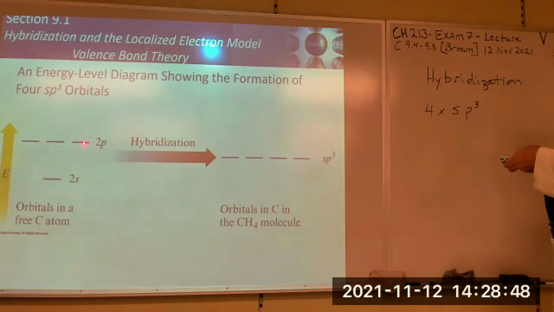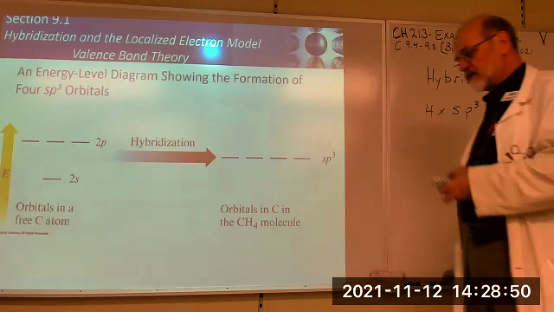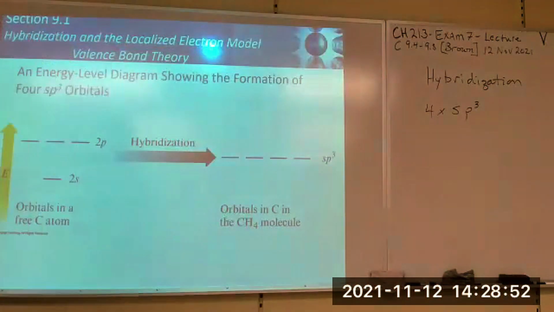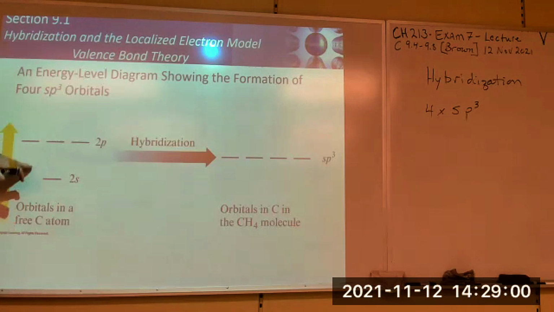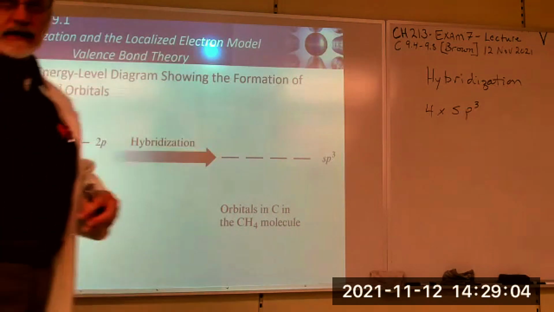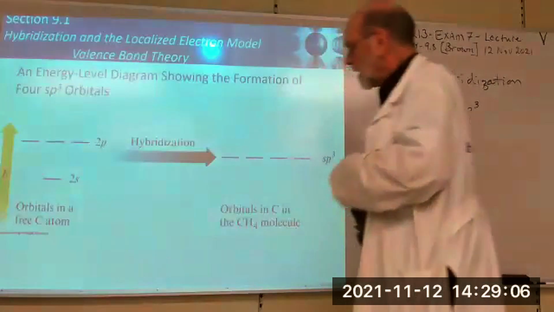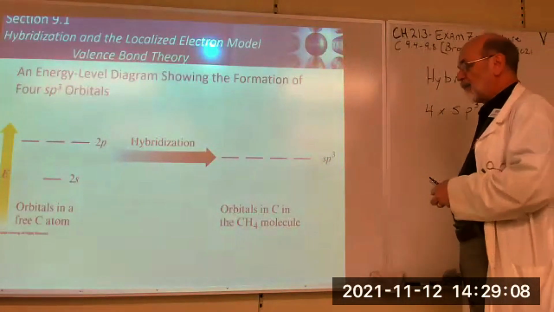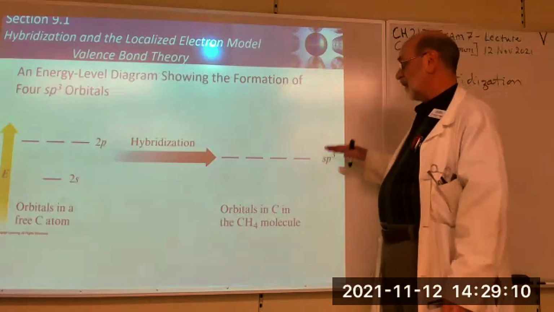Now, we know that the principal quantum number is roughly an estimate of the energy at that level. But the s's are lower energy than the p's. That's why they fill first when we're adding electrons. But when we hybridize them, they have to be equivalent energies.